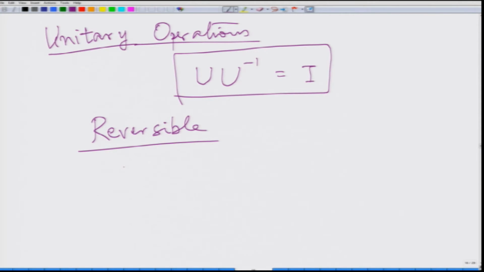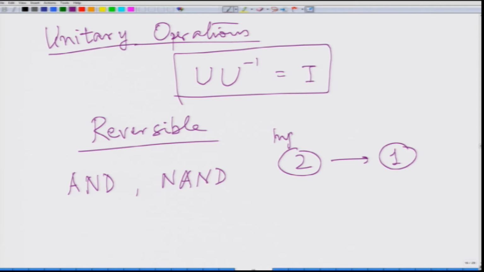Simplest example, AND, NAND, which are our basic computing gates. NAND is not AND. They all end up taking two inputs and giving rise to one output. Input is 2, output is 1, right. Whereas, in the case of reversibility, this is not what happens.